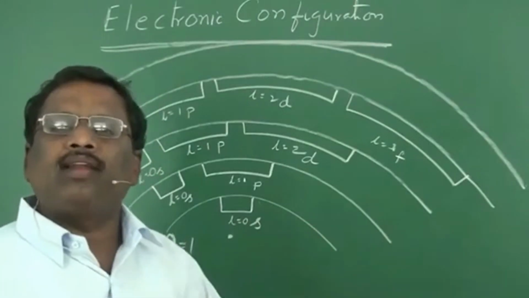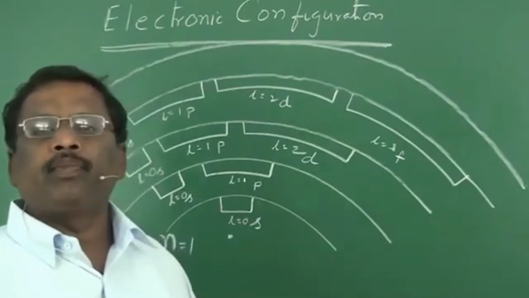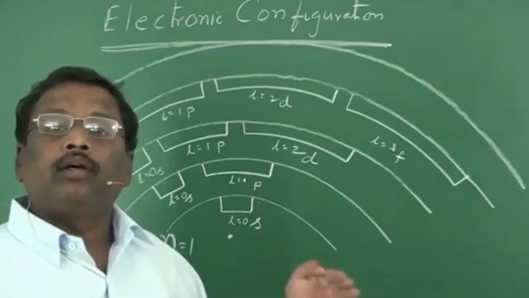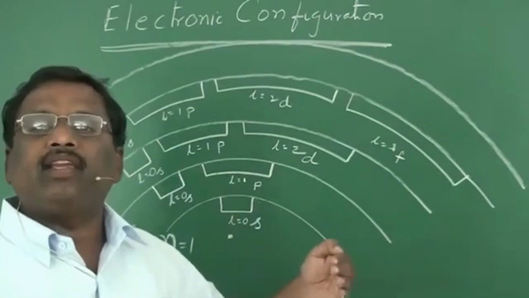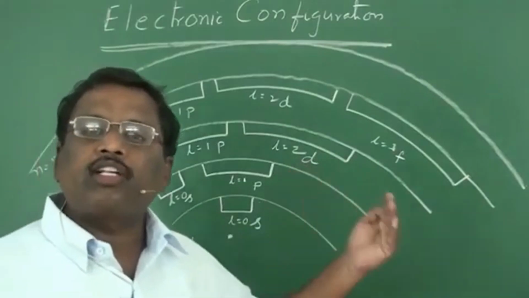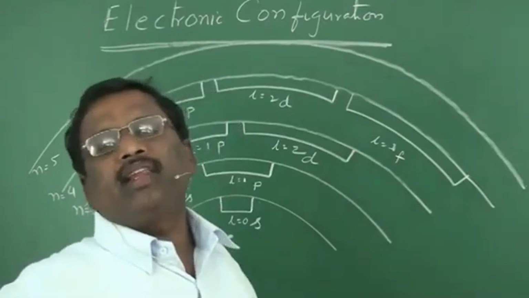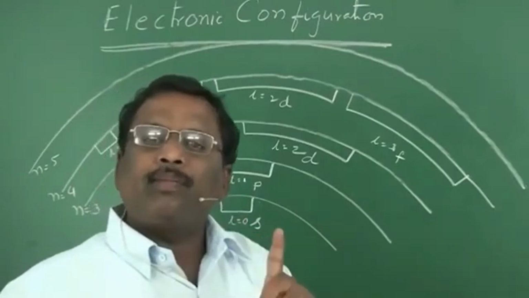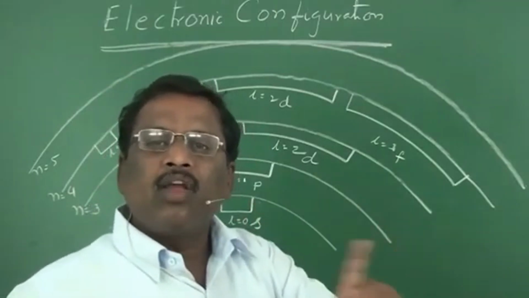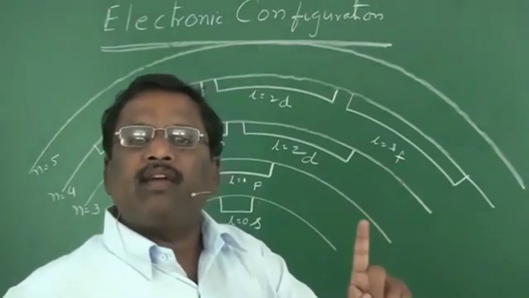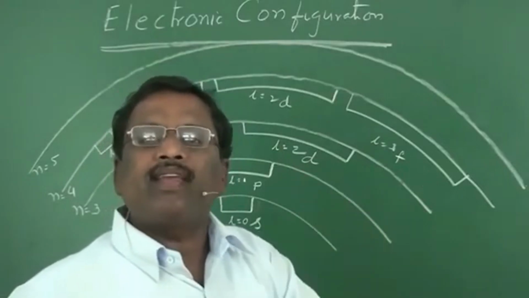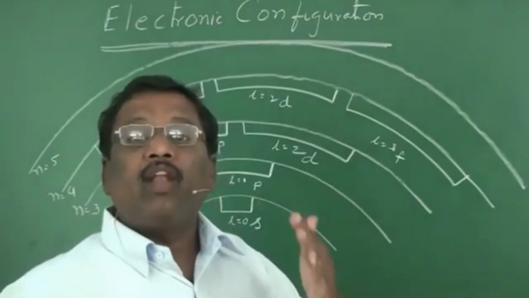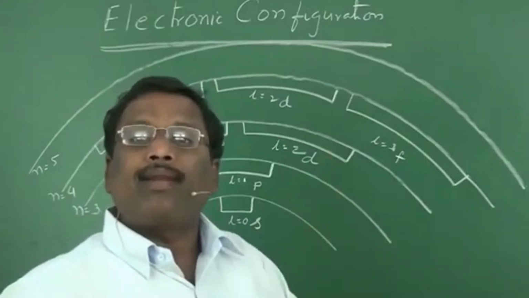That's why l equal to 1 starts from the second energy level, l equal to 2, the d sub-energy level, starts from the third, and l equal to 3, the f sub-energy level, starts from the fourth main energy level, and so on. In the first energy level, we have only one sub-energy level, 1s. 1p is not there. In the second energy level, you have 2s and 2p. There is no 2d, because l must be at most n minus 1.